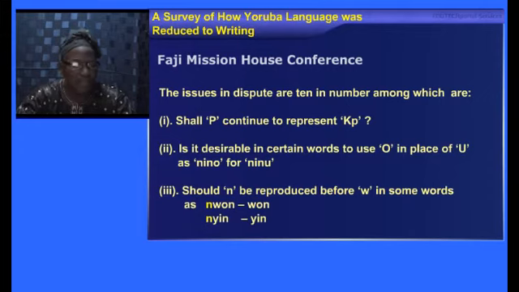Not only that, it was an argument that should Ni be produced or should it be reproduced before W in some words as Won and Nyi, wherein we'll have Ni, Wi, O, Ni, and Ni, Yi, I, Ni. And you will bear with me that to write two consonants together is very wrong. All these aspects have been corrected today.